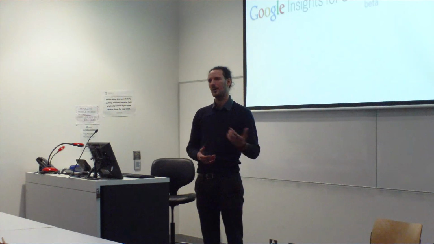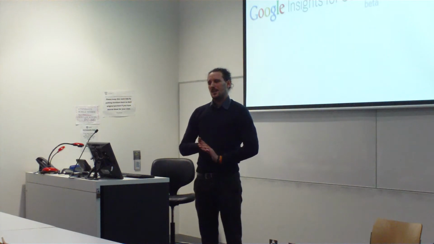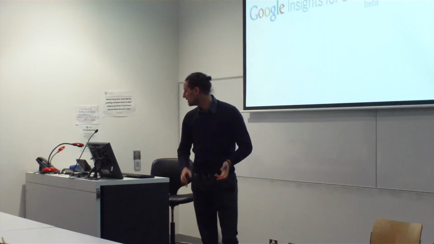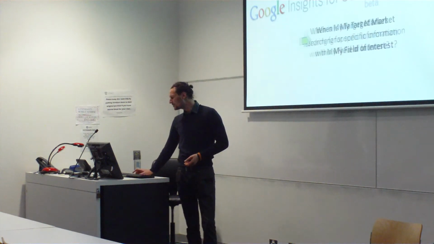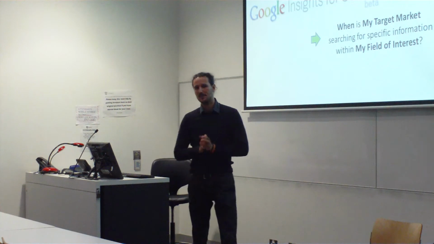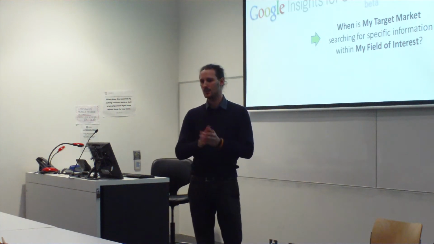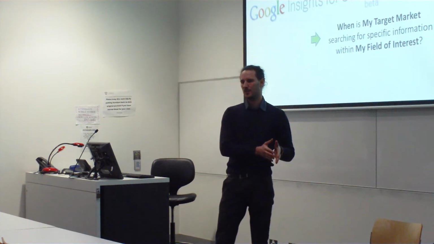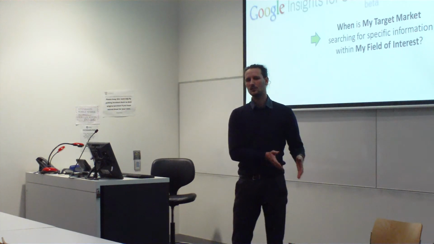Google Trends was developed about, at least I'd say, 6-7 years ago, and after a couple of years they released Google Insights. So what Google Insights does is it allows you to get information about when your target market is specifically looking for information within the year. Are they looking more within the summer season, within the winter season?